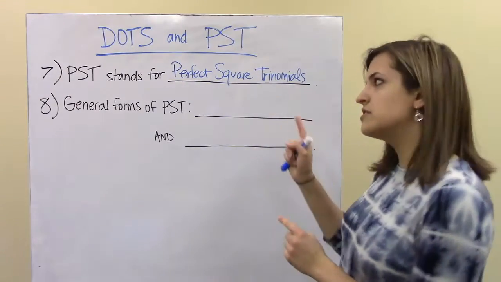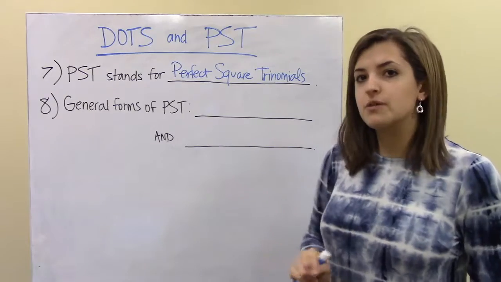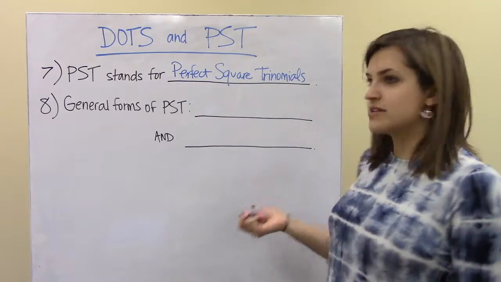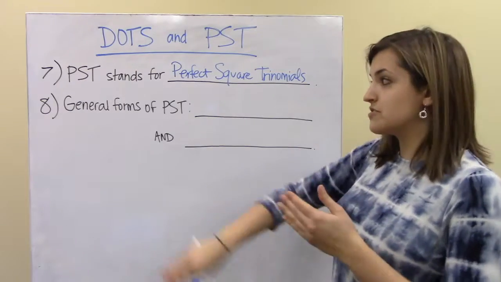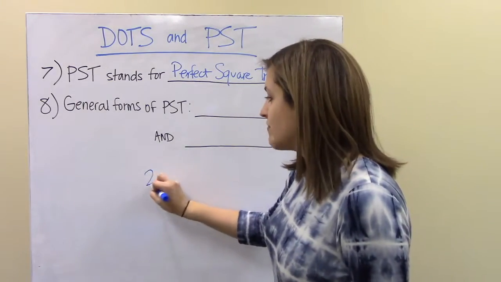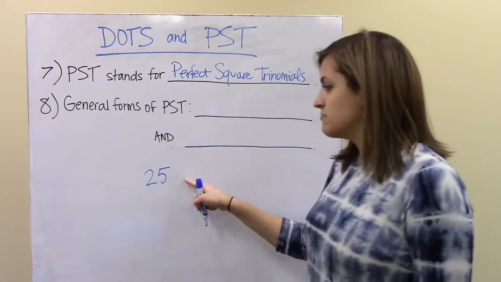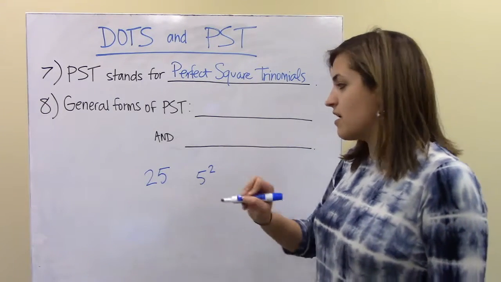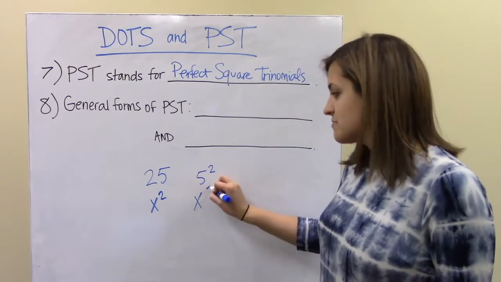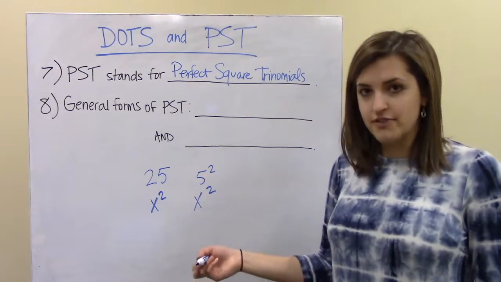So we're going to have a polynomial with 3 terms, and we're going to be dealing with perfect squares. A perfect square is something that can easily have the square root taken of it. So 25 is a perfect square. That's 5 squared. X squared is a perfect square, x times itself.